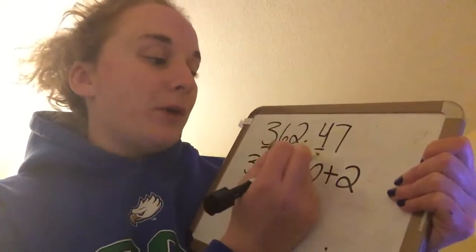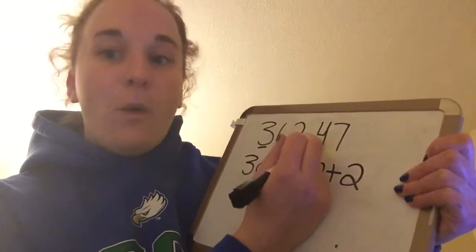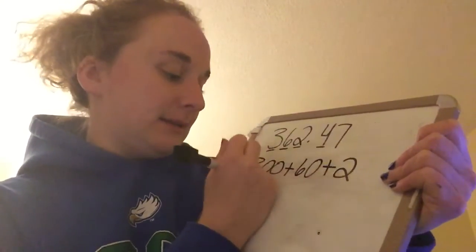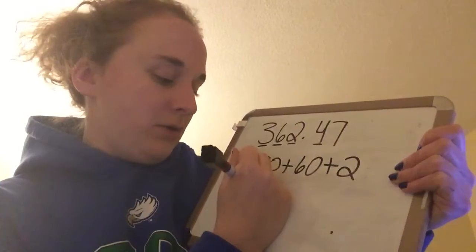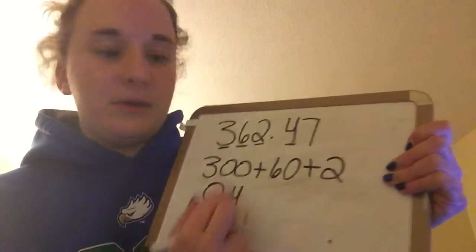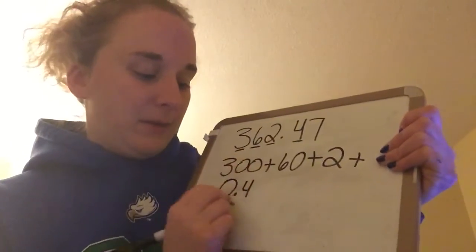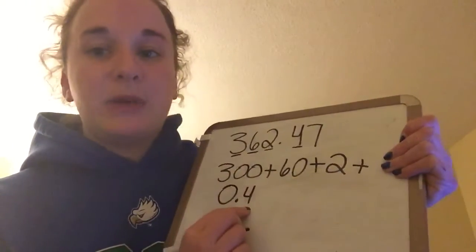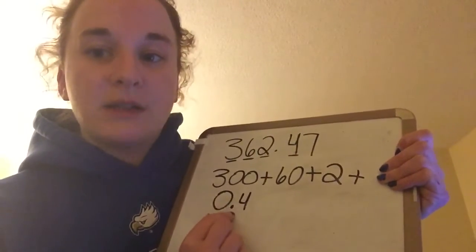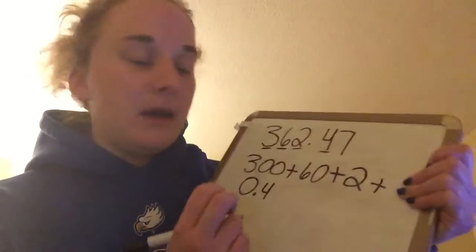So I am going to write the decimal of 4 tenths. So how do I write 4 tenths? I write 0.4 because remember, when we read decimals, we read the number and the last place value that we see. In this case, it's the tenths place because it's 1 spot after the decimal.